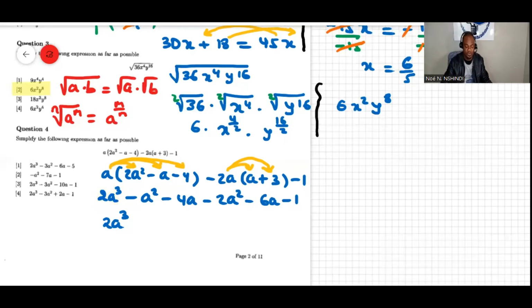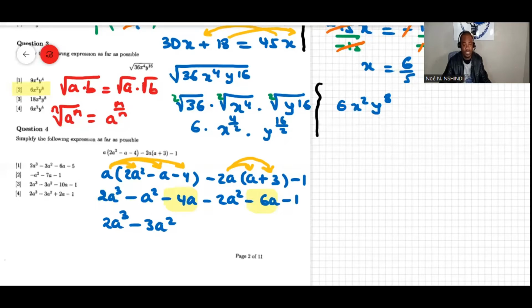Then let's look at the terms that end with a squared. We can combine those two because they're like terms. Negative a squared minus 2a squared will make negative 3a squared. And then the terms that have a: negative 4a minus 6a makes negative 10a.